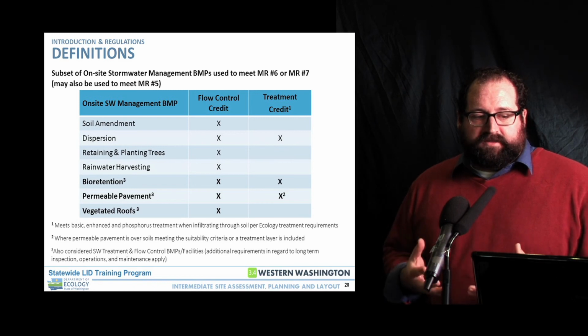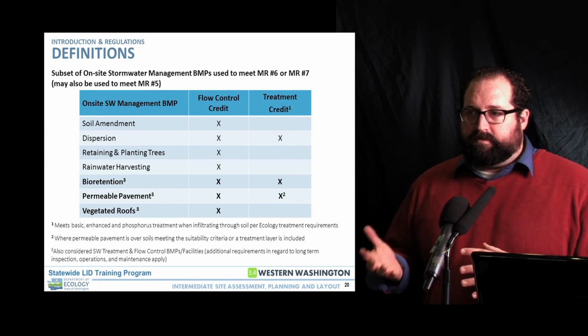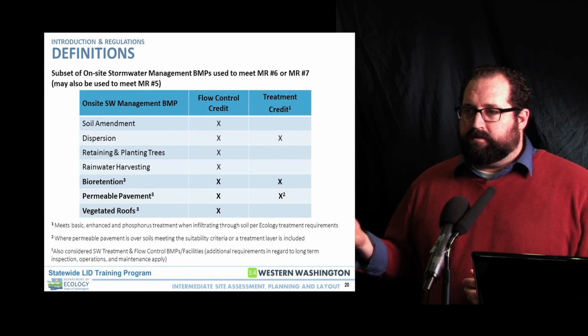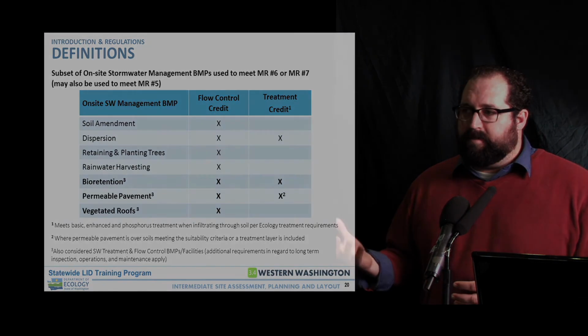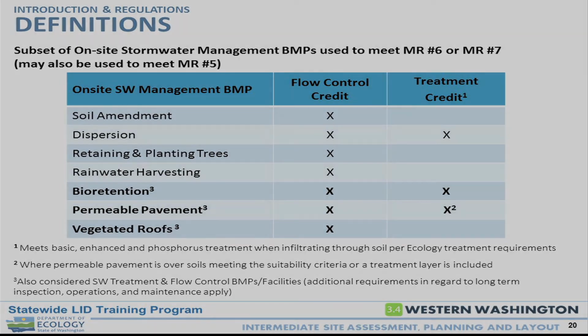So if you look at this chart, it gives a little bit about the distinction between certain BMPs that focus on flow control, so reducing the amount of runoff from a site, and then certain that focus on water quality, so the treatment side, and then there's certain strategies if you can integrate them into your site that have both a flow control and a water quality benefit.